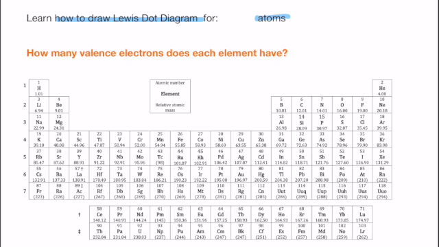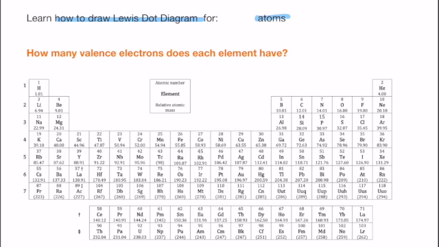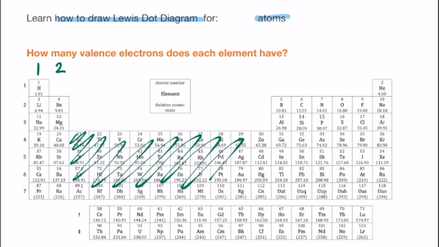The simplest way to keep track of these is to number the columns. This is column 1, column 2, and when we take the next big step, this whole region of elements is called the transition metals.